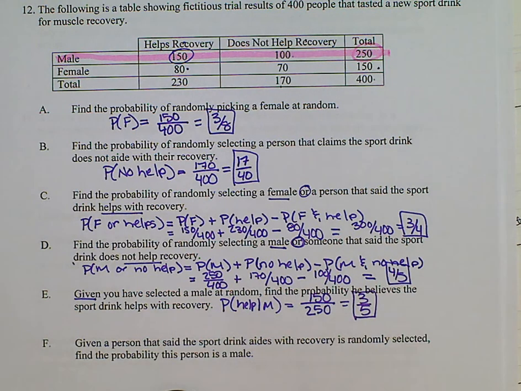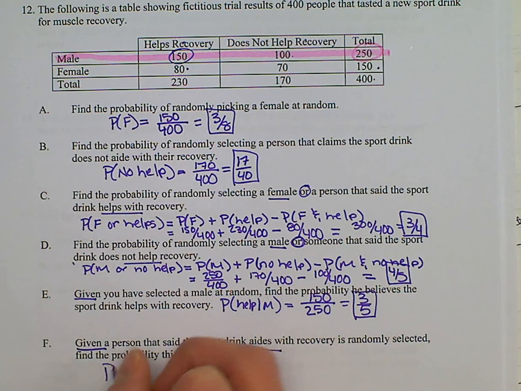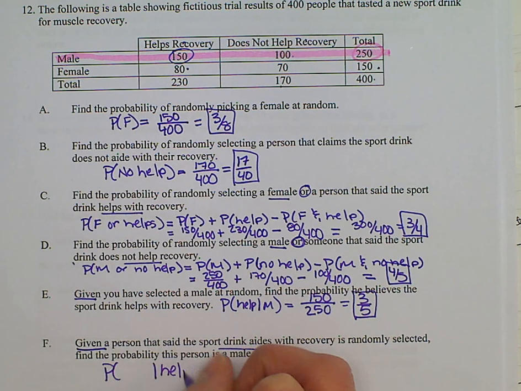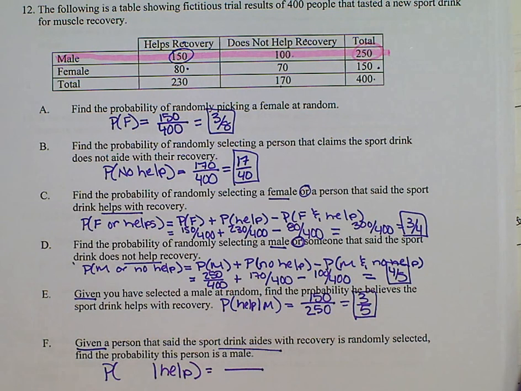Okay, F. Given a person that said the sports drink aids with recovery is randomly selected. So we were given a person that said that the sports drink helps. So now we know that we're looking at, I'm going to do this one in blue here.